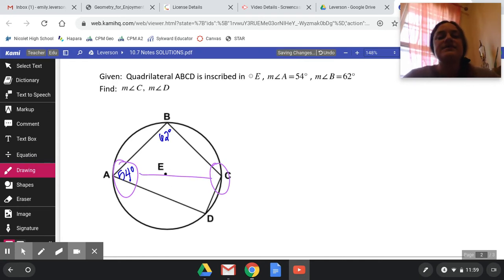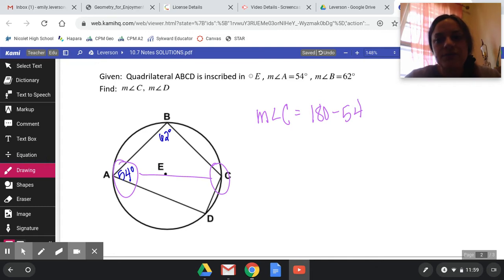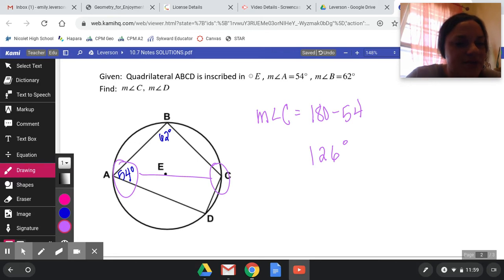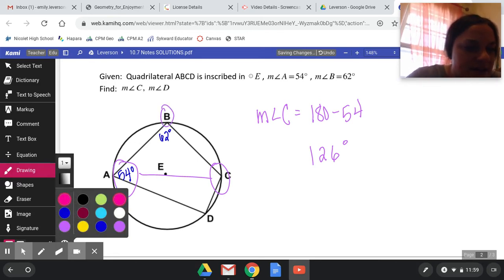So the measure of angle C is equal to 180 minus 54, which would be 126 degrees. 126, right? Yeah, okay.